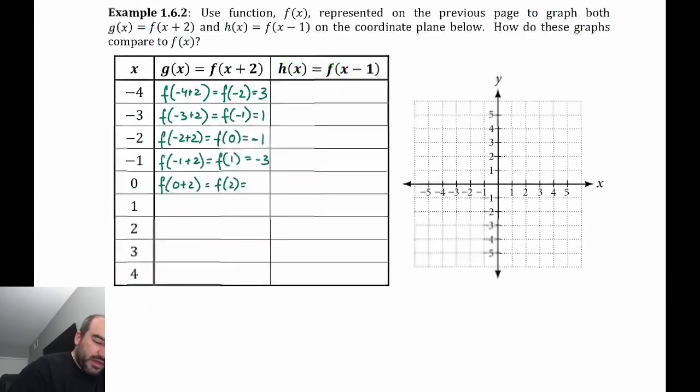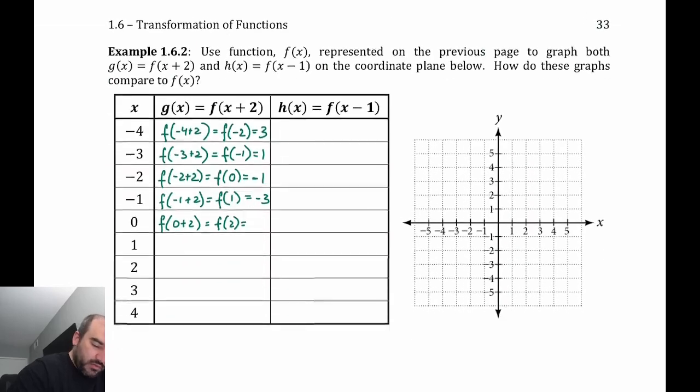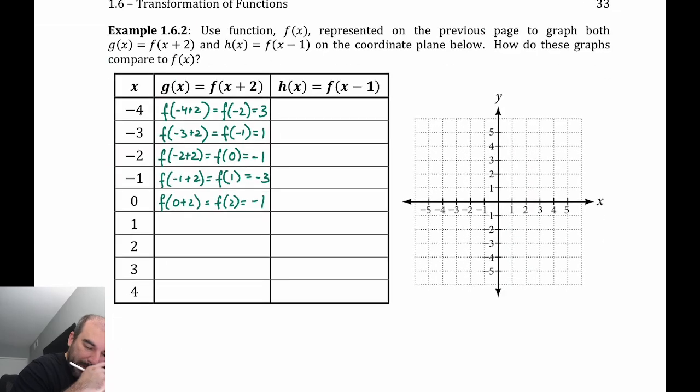F of 2 is negative 1. And this is 1 from the table above.